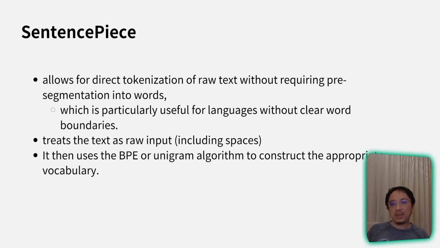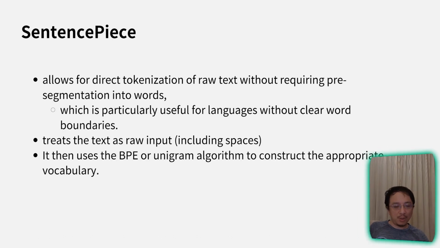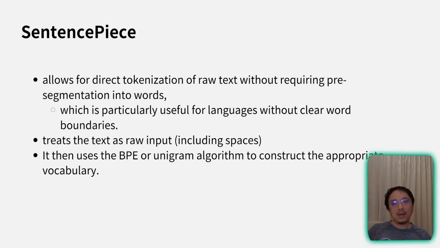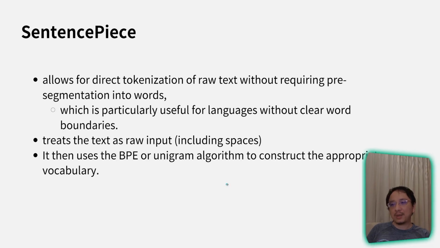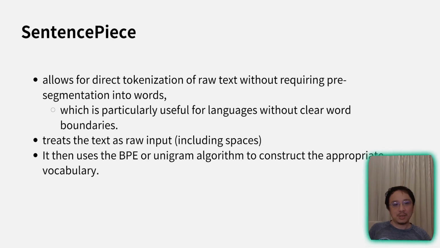So you can use BPE or unigram to design the vocabulary and construct the dictionary, but it doesn't require any pre-segmentation. So it is particularly useful for languages without clear word boundaries, like Chinese and Japanese.